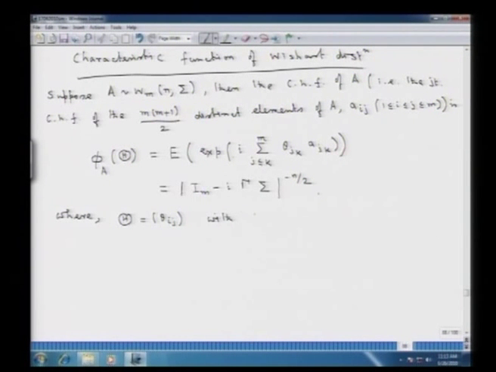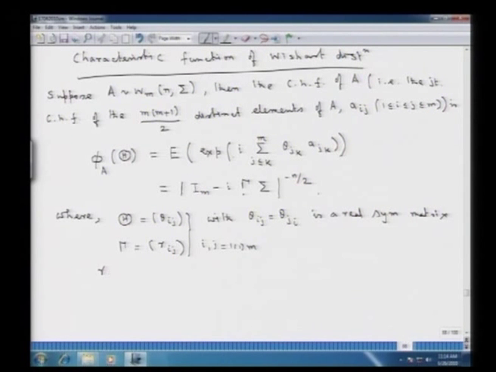It is a symmetric matrix with theta i j equal to theta j i, a real symmetric matrix. And this matrix gamma that we have defined here has elements, say gamma i j, for i, j equal to 1 up to m.